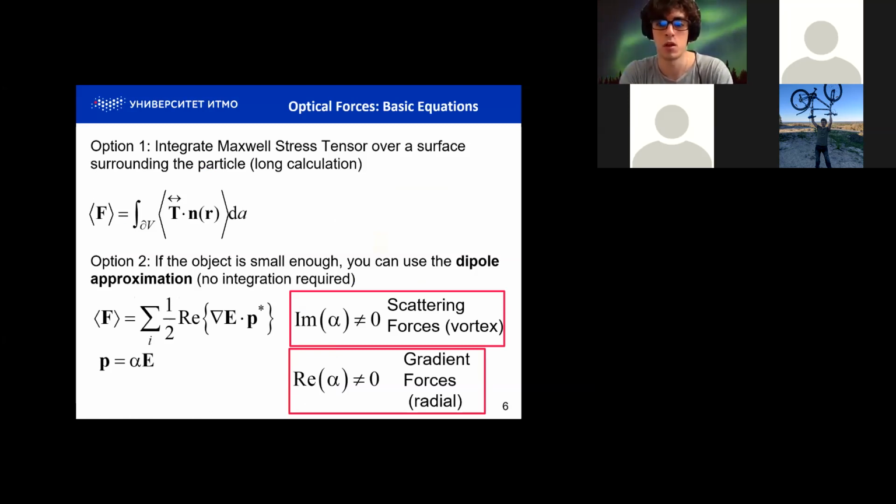Yes, and this is the reason why we obtain vorticity, because if your forces can be associated with the gradient of a scalar potential, the curl of this gradient is always zero. While in the case of scattering forces, the curl is not zero, and this leads to vorticity, which is the reason why we can make particles rotate. Is it clear? Yes, it is. Pretty much, thank you.